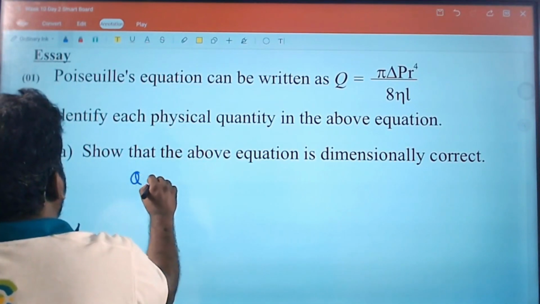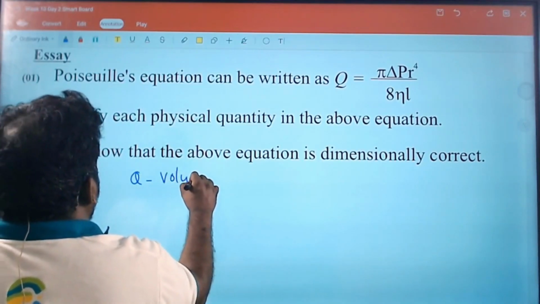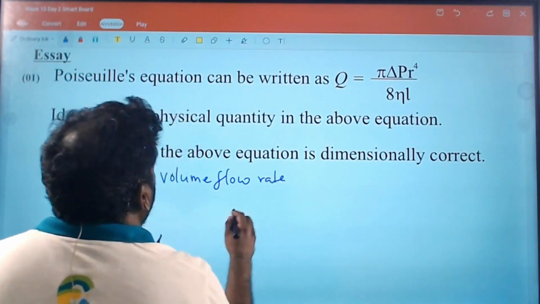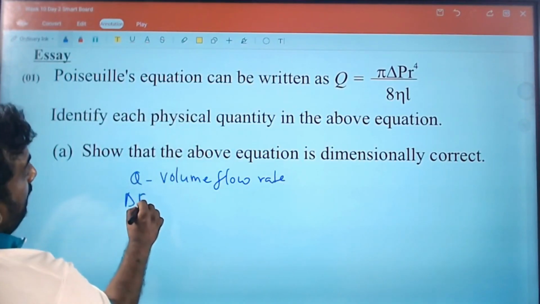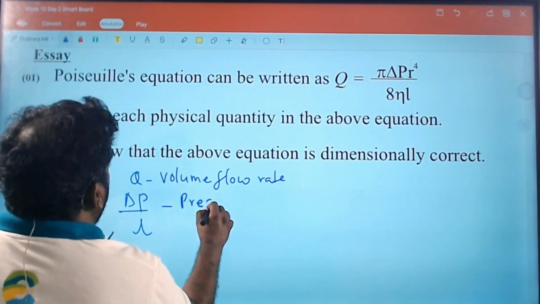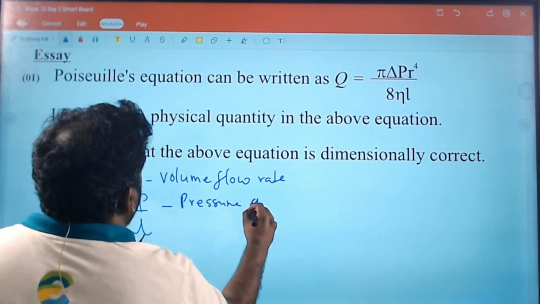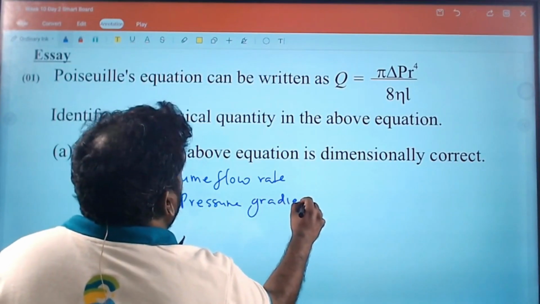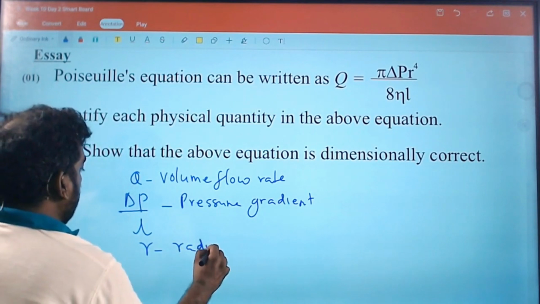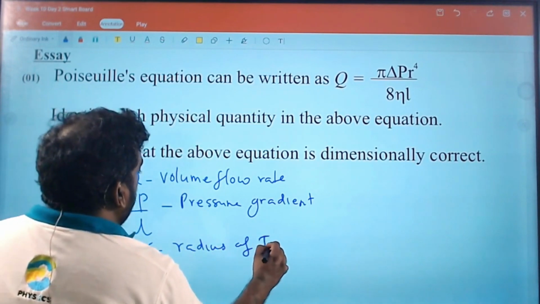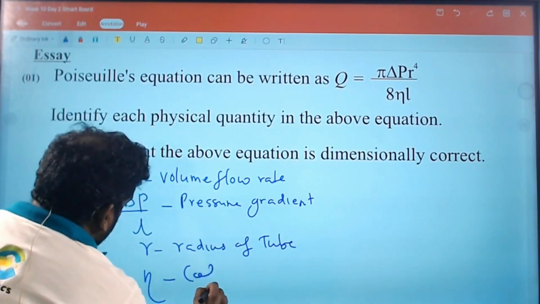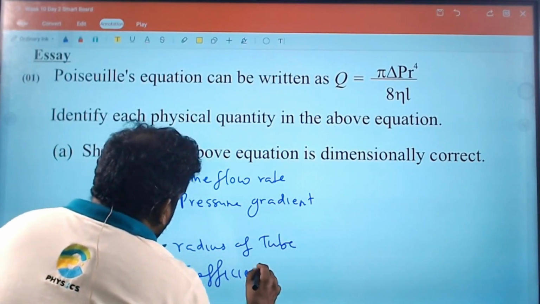So Q is the volume flow rate, delta P over L is the pressure gradient, R is the radius of the tube, eta is the coefficient of viscosity.